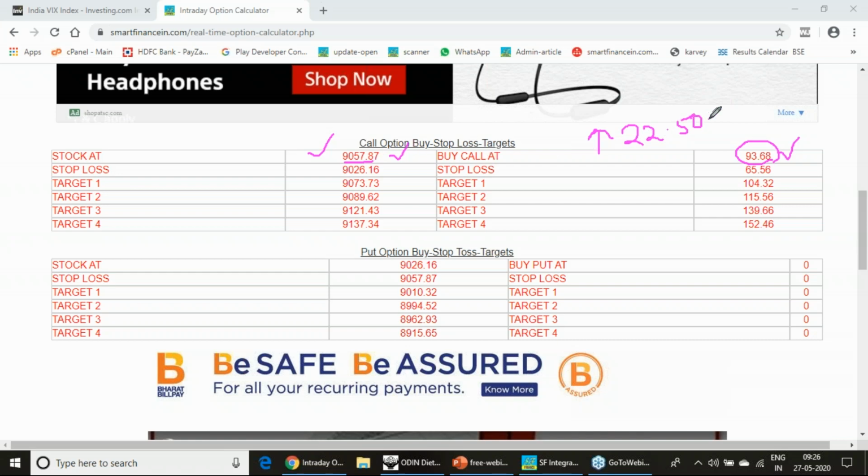If IV falls down from here, then this 94 rupees will come not necessarily at 9058; it may come at 9060 or 9065. So very carefully understand this. If IV goes up, the premium will come first, the price will come next.